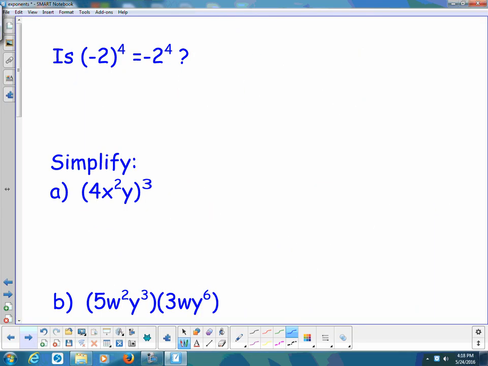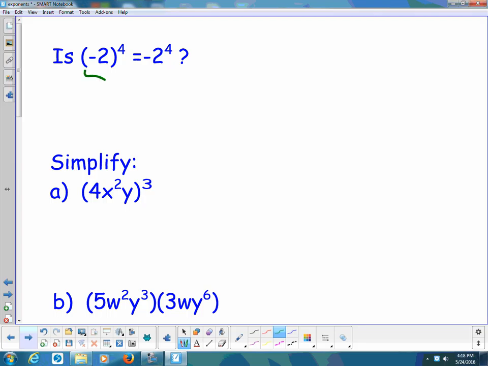All right, so that brings us to this question. Is -2 in parentheses raised to the 4th the same as the opposite of 2 to the 4th? So are the parentheses even necessary? Well, let's talk about that. Actually, they are necessary. You could try this with your calculator both ways and see if you get the same thing.